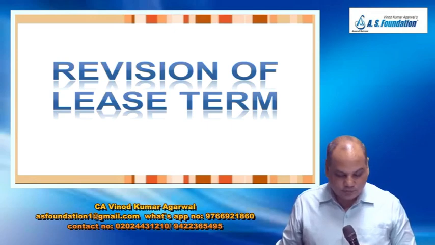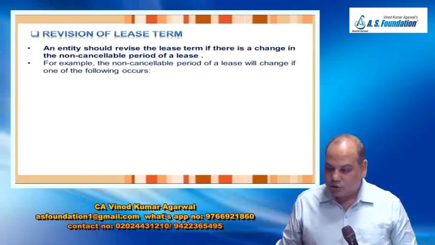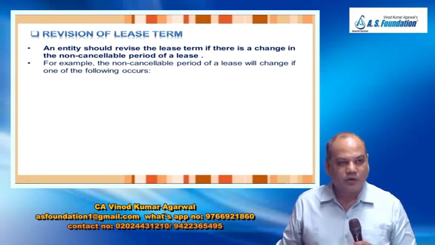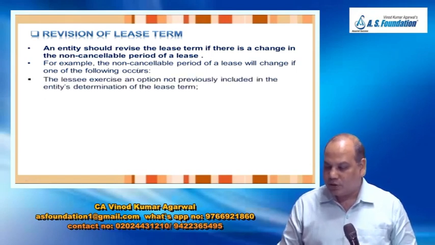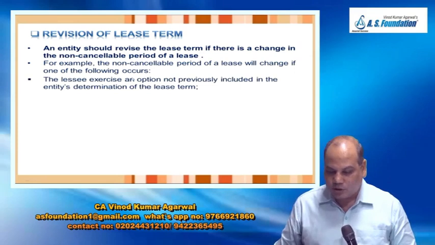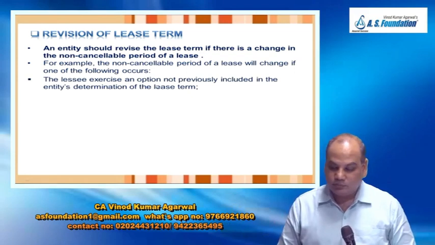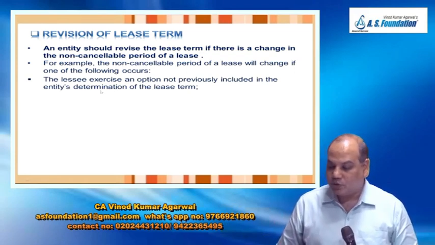Revision of the lease term. An entity should revise the lease term if there is a change in the non-cancellable period of a lease. For example, the non-cancellable period of the lease will change if one of the following occurs. The lessee exercises an option, same thing, continuation, that was not previously included in the entity's determination of the lease term.